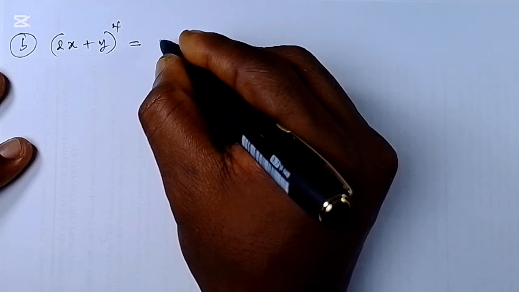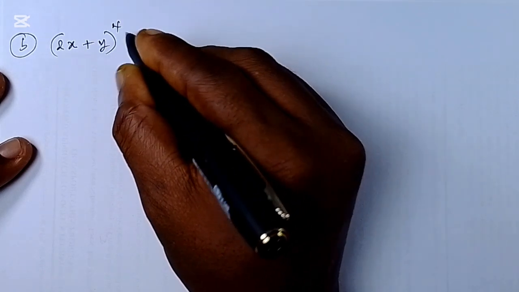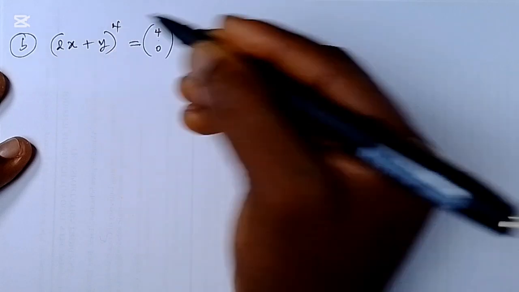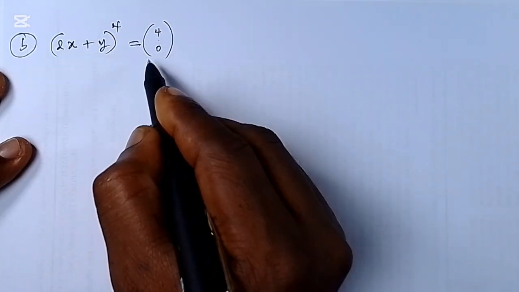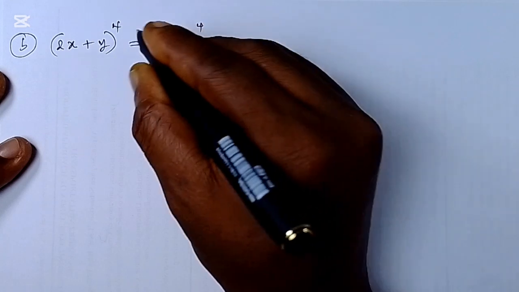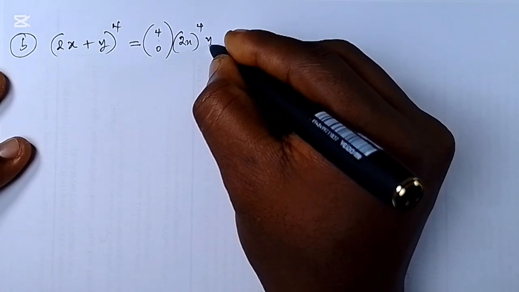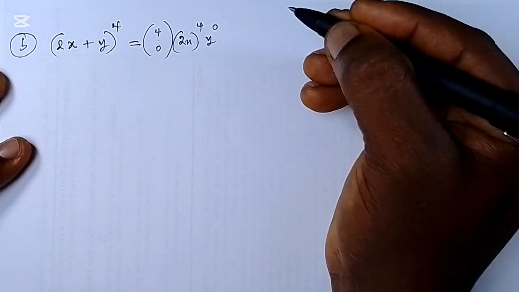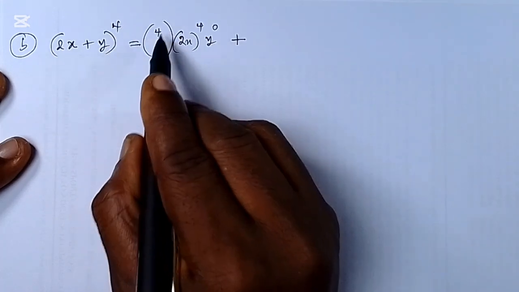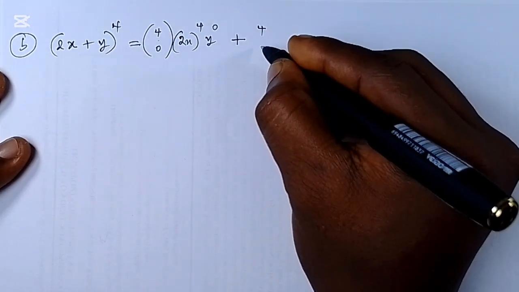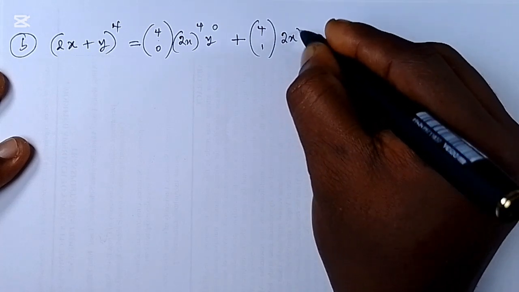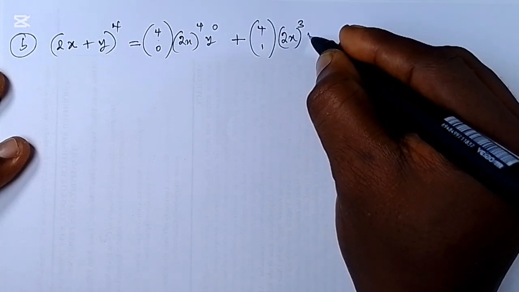So this will now be (2x + y)^4. I'm going to start with 4 combination 0. Okay, so you start your combination that way, 4 combination 0, and you bring your first term 2x to carry the highest power 4, and you bring your second term y to carry the power 0. Now plus, we move one step further to 4 combination 1, and 4 combination 1 will multiply 2x raised to power 3, and this will be y raised to power 1.